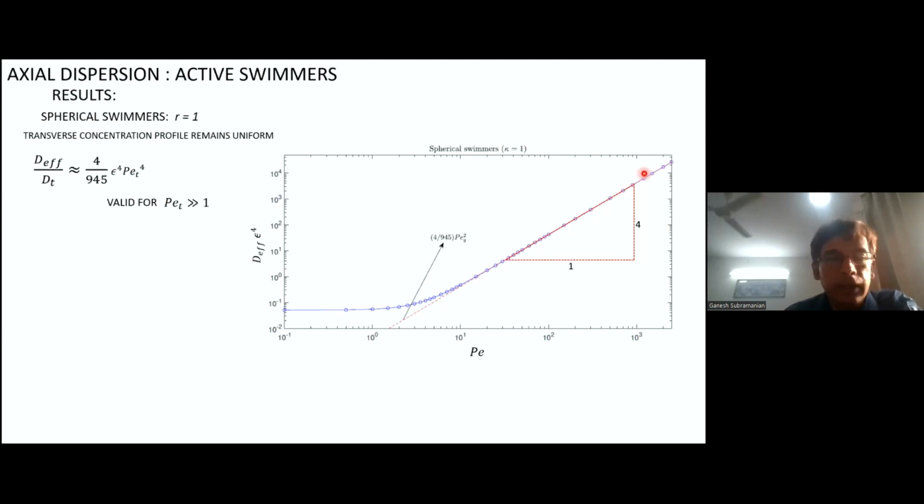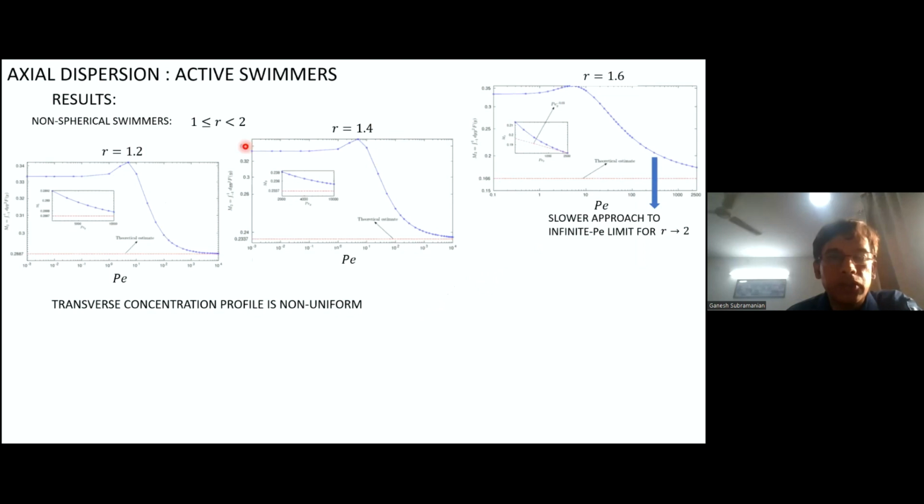Now, the next case is aspect ratios between 1 and 2. First, I'm just showing you the plot of the concentration profile variance versus Peclet. This is to show you that when the aspect ratio is less than 2, the concentration profile variance, which is really the width of the concentration profile, asymptotes to a finite value as Peclet goes to infinity.